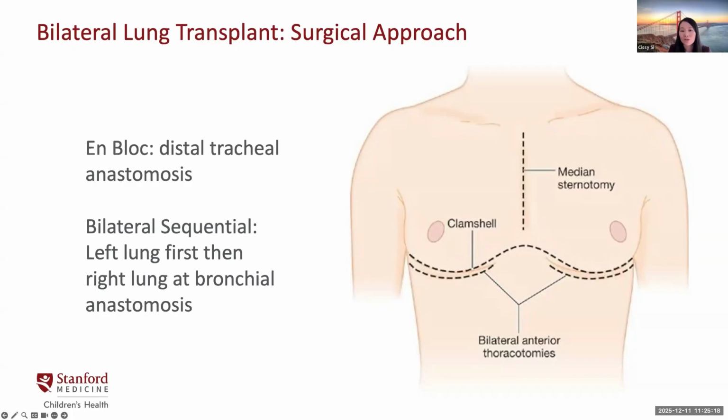These patients have a bronchial anastomosis. Patients can undergo the transplant surgery either through a median sternotomy, which happens at this center, or can be done through a clamshell or bilateral anterior thoracotomies, which can be performed at other centers.